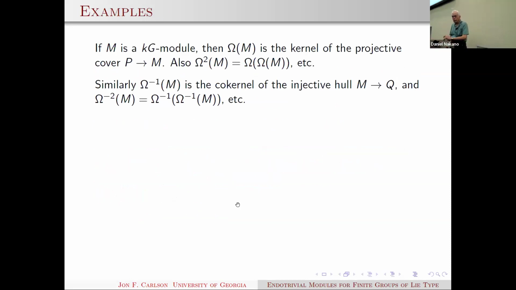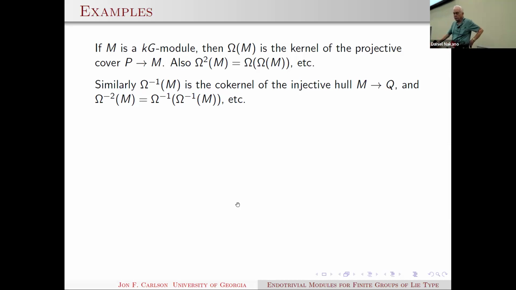Now let me give you some notation first, and then I'll show you some examples. If M is a kG-module, omega is a shift operator, and omega of M is the kernel of a projective cover onto M. You can iterate this: take the kernel of the projective cover onto that kernel, and you get omega squared, etc. You can go the other way: take the cokernel of an injective hull, and you get omega inverse.